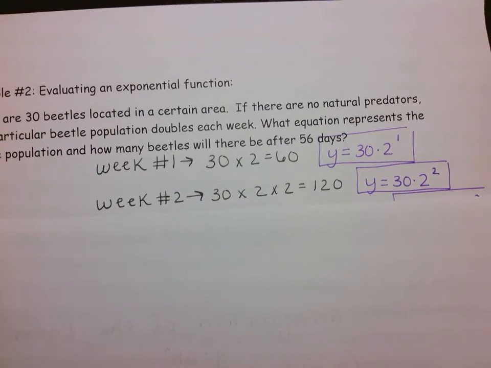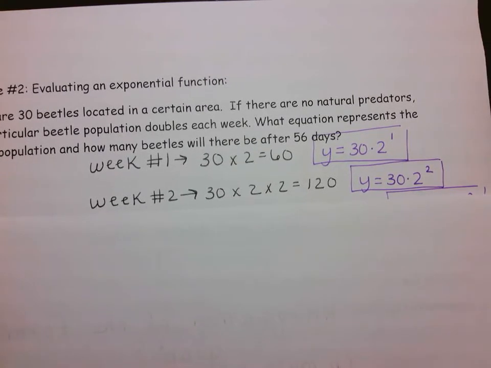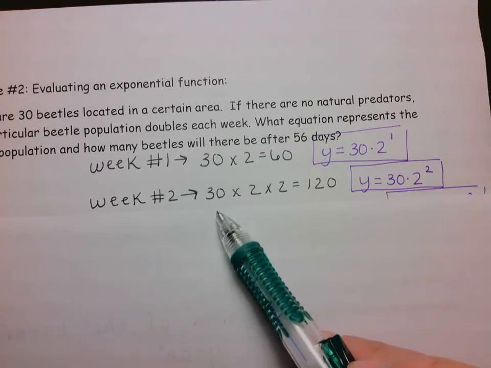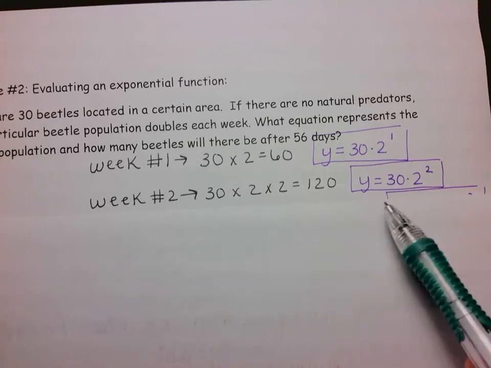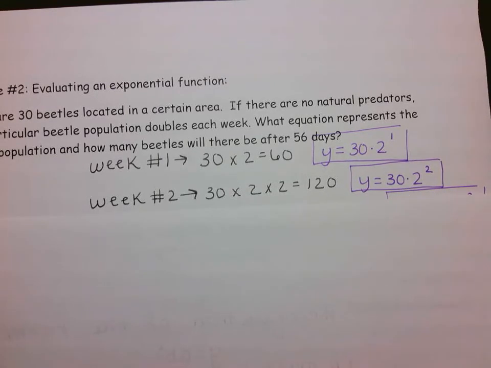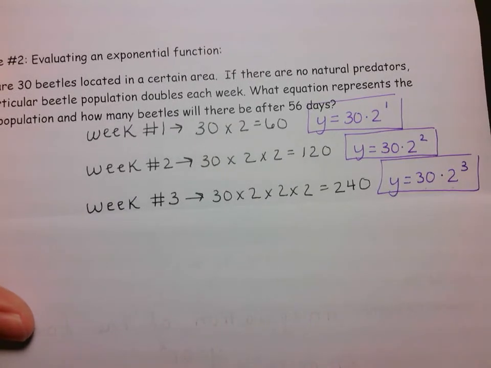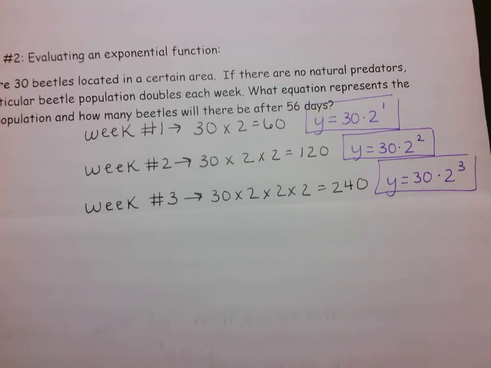What happened after week 2? Our beetle population doubled again, and so now we have 120 beetles. After week 2, we took our initial beetle population and we doubled it twice. And so now what happened after week 3?